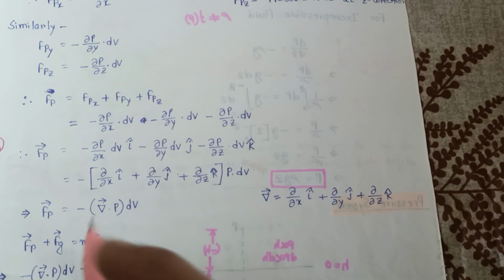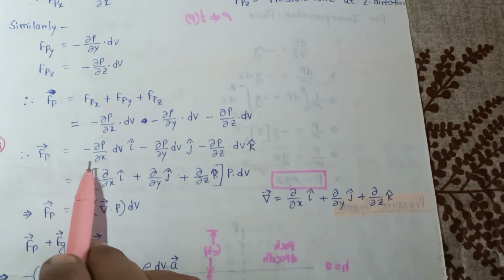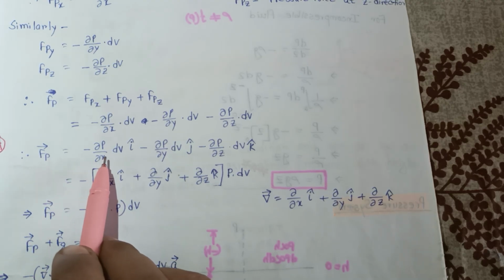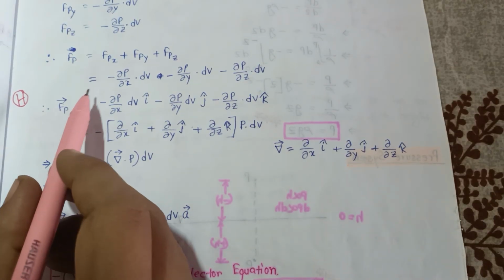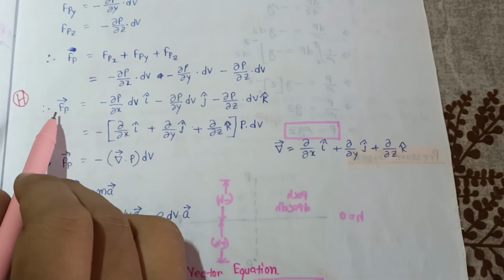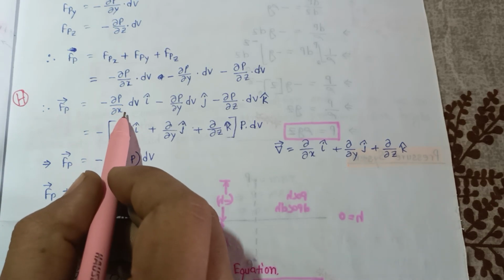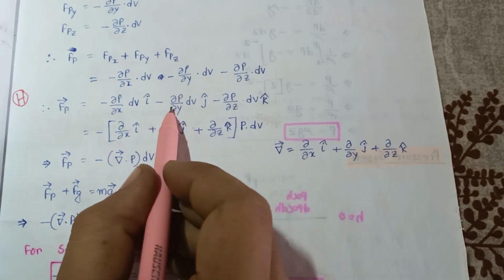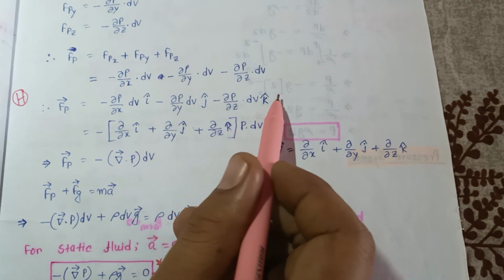In vector notation, the pressure force is minus del P by del x into dV i cap minus del P by del y into dV j cap minus del P by del z into dV k cap.